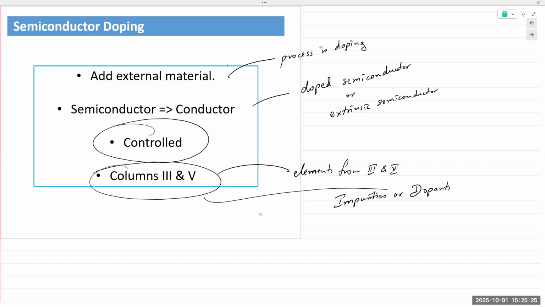Impurities or dopants. In this case, again, impurity or dopant simply means that we're adding, we had a pure silicon structure, or pure germanium structure, and we're just adding something that does not belong in there. That's all it means. It doesn't mean anything else.